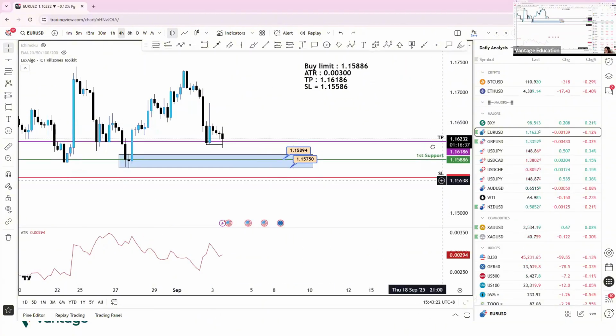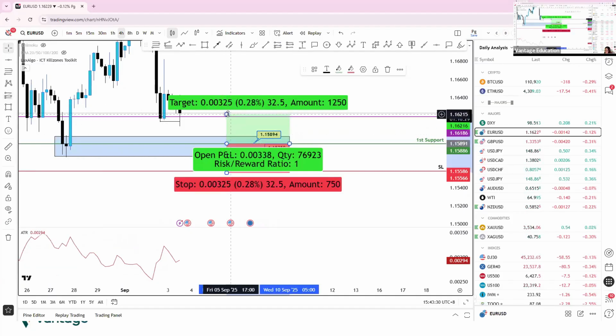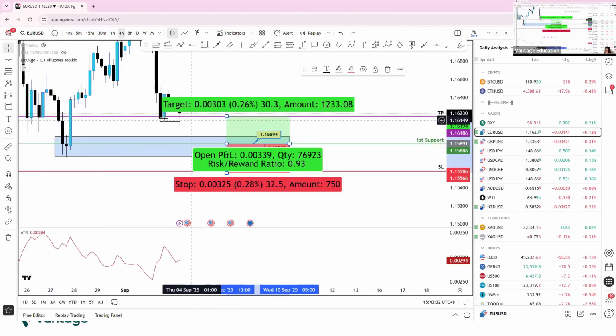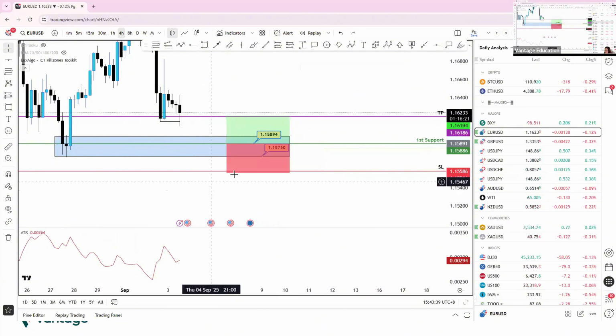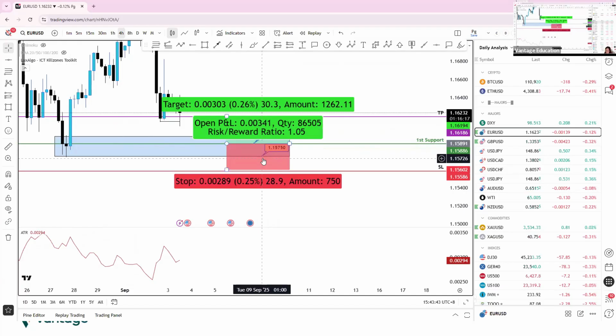So meaning if you buy here, put a buy limit at exactly this level. This is my TP at the low that it broke below, and the stop loss goes below this swing. This is going to be a risk and reward of 1-to-1.